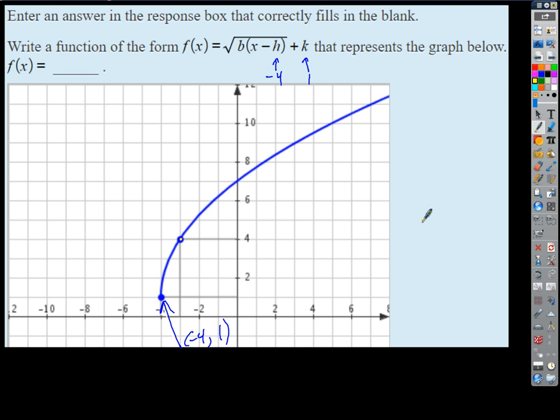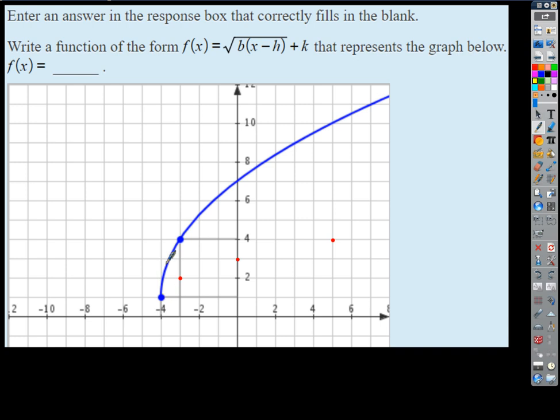So we have to ask ourselves, where would the starting point have been for the parent function? If I'm going up by 3 from the initial point, the starting point, how far would I have to move to the right on the parent graph, square root function? How many? 9, right? Normally, I would go up 1 and over 1.